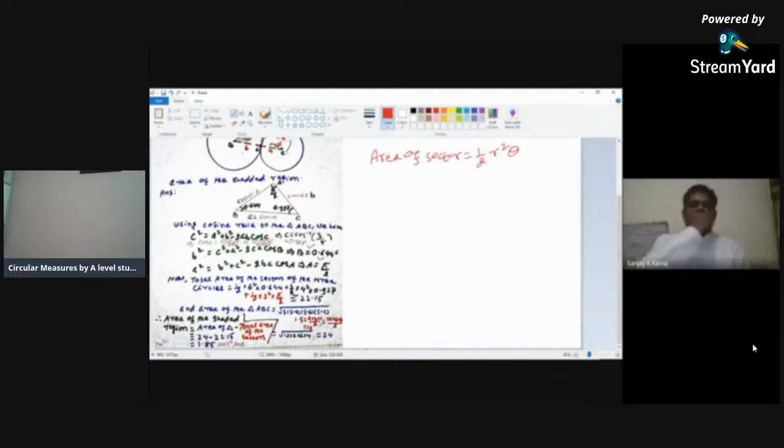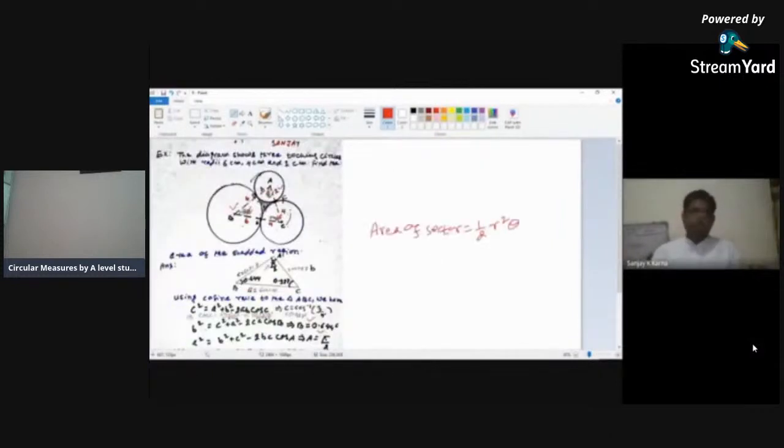Once you put in the values of a, b, c, you will have the area of the triangle. It is also possible to see that this is already a right-angled triangle, so you can find the area by using the half base times height formula.